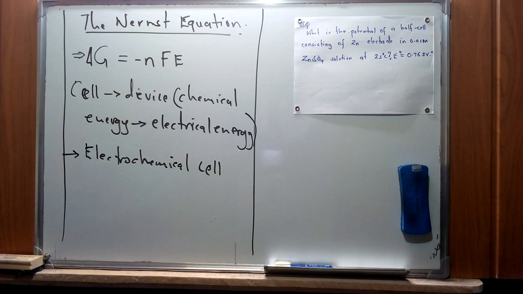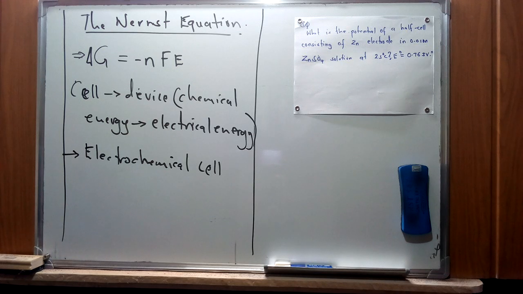An electrochemical cell is a device consisting of chemicals that are producing electricity. And we said that this entails a spontaneous redox reaction that leads to the production of this electricity.